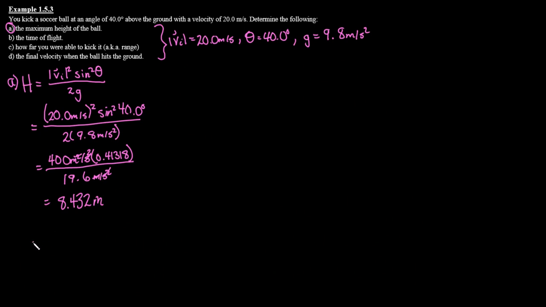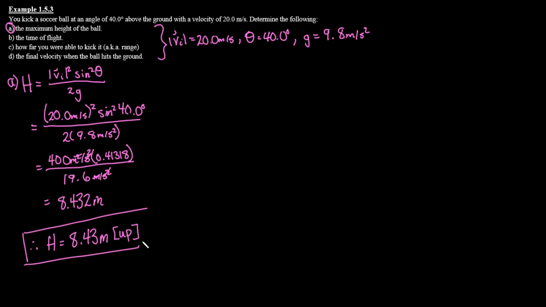So the maximum height is 8.43 meters, and then we indicate that direction: up. Okay, so that's it for the maximum height. Notice it's a lot nicer to use than breaking it down into components and finding your maximum height that way.